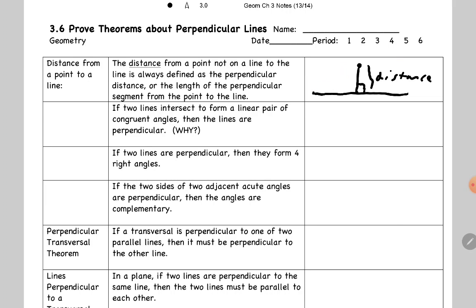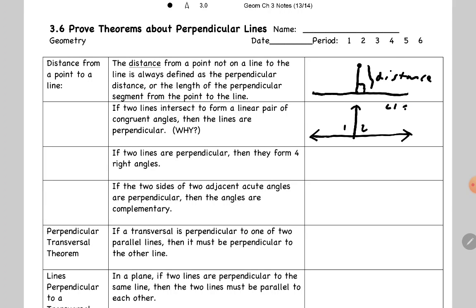Okay. So if two lines intersect to form a linear pair, we have two lines. They intersect, and they form a linear pair of congruent angles. So here's angle 1 and angle 2.